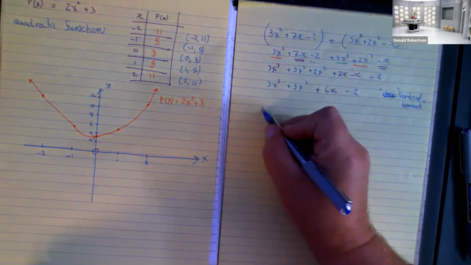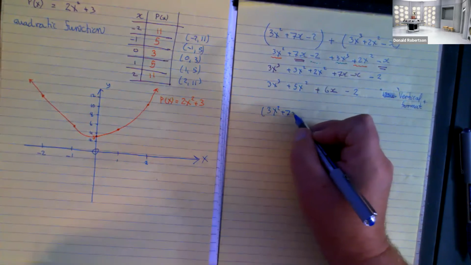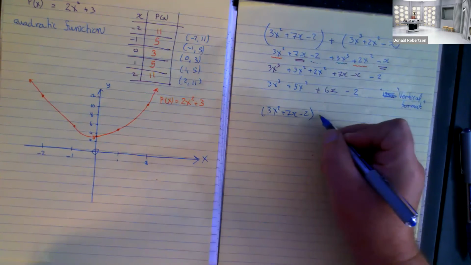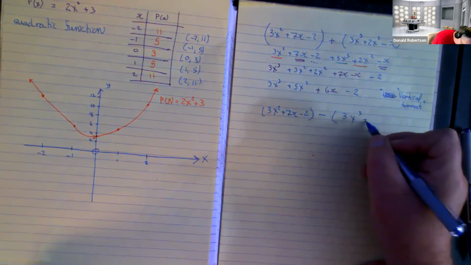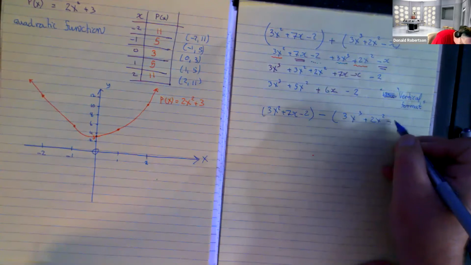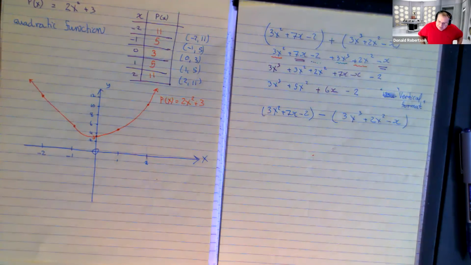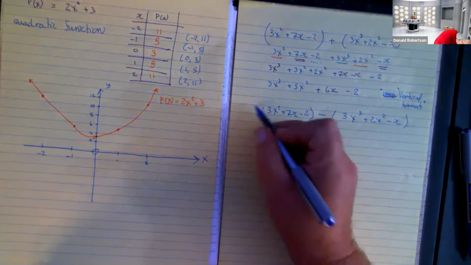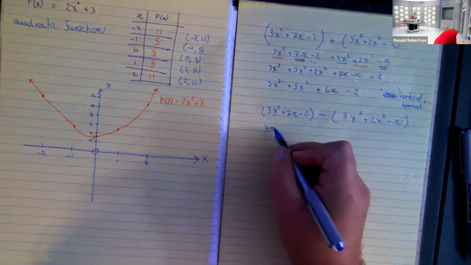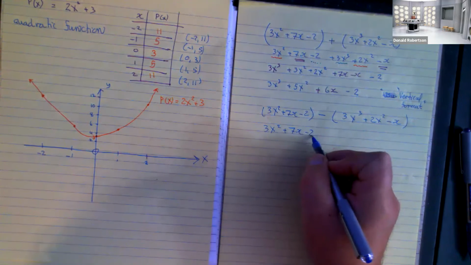Now it's a little bit trickier. So I'm going to use the same two terms, but this time we're going to subtract them. And these brackets are really here to emphasize. You don't need to worry about the first term because there's nothing else happening to it. So this is still going to be 3x squared plus 7x take away 2.